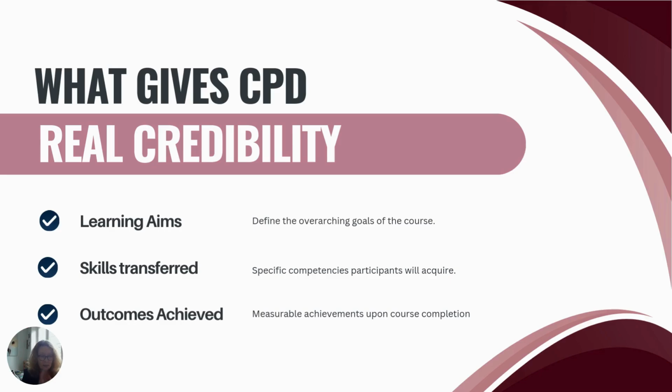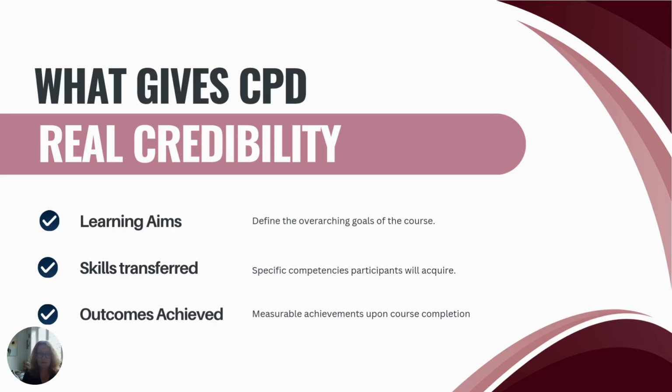For any kind of training, especially beauty training, there are three really important building blocks. Basically, the structure or DNA of your training needs to have three things clearly identified. First of all, learning aims. What are you trying to teach?